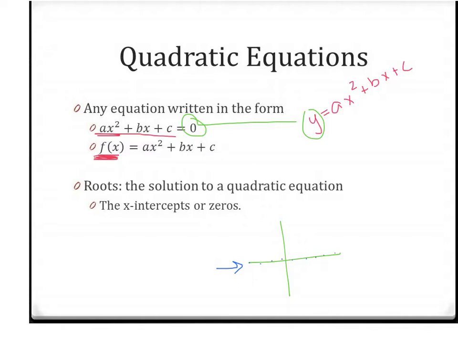Those are my answers, otherwise called my roots or my x-intercepts. Those are my solutions to a quadratic equation. So when you solve by graphing, your answers are your x-intercepts. The goal of graphing these is to find our x-intercepts.